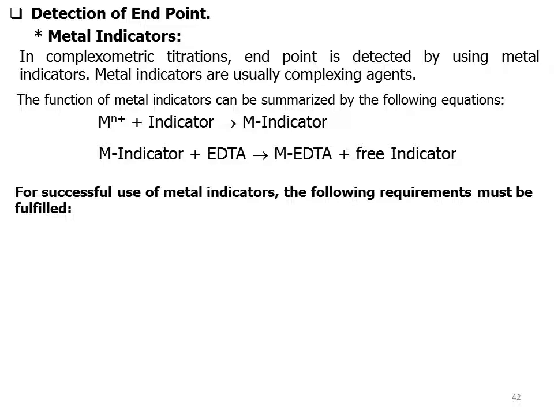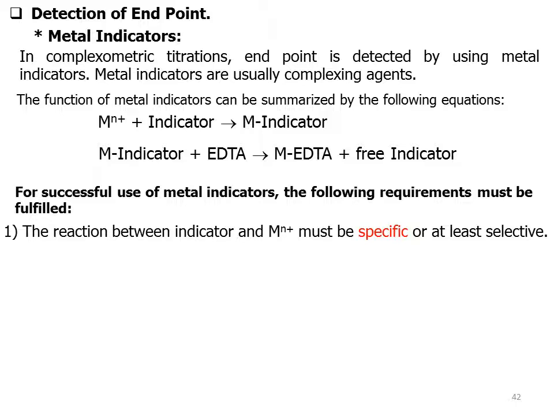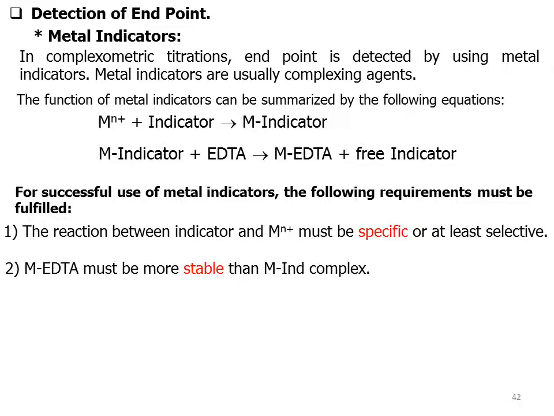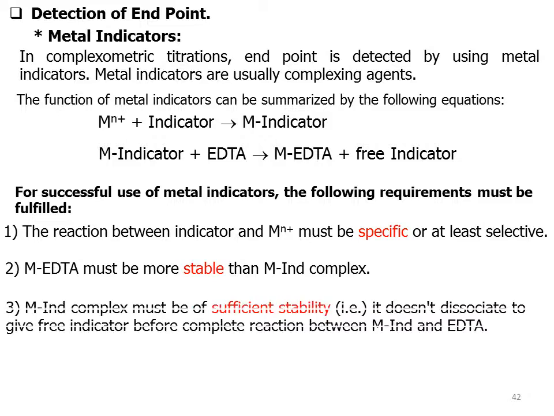Metal, the central metal ion, with the indicator forms a metal indicator complex, which has a specific color. Then the EDTA replaces the indicator, forming a metal EDTA complex and leaving the indicator free, which should have another color. Therefore, for successful use of metal indicators, the following requirements must be fulfilled.